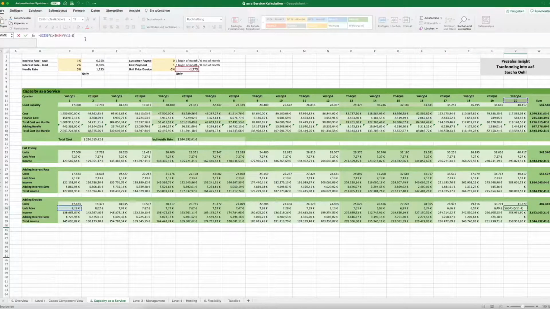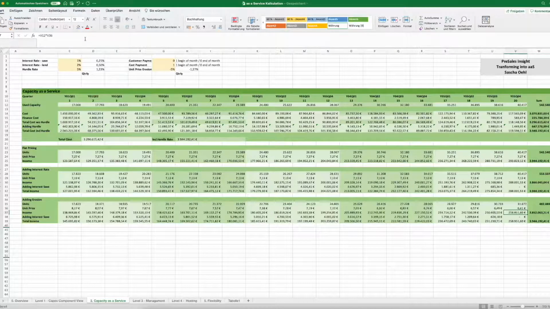I'll be doing it with a power of 19 to reflect the price erosion of all these 19 quarters. This drives down our unit price to €6.41 in the 20th quarter, but it was €8.17 in the first quarter.